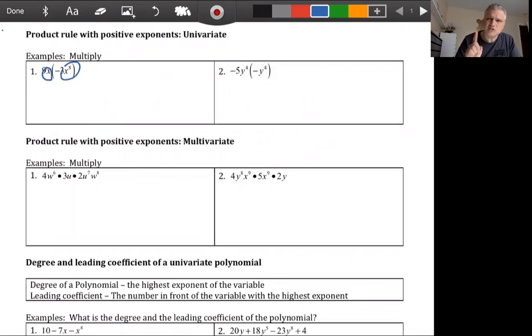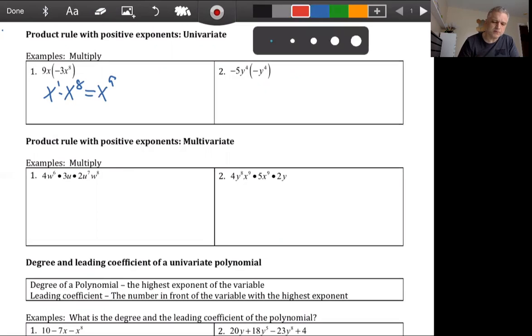Okay, so let's just take that part for a second. So x to the first times x to the 8th is x to the power of 1 plus 8, which is x to the 9th.